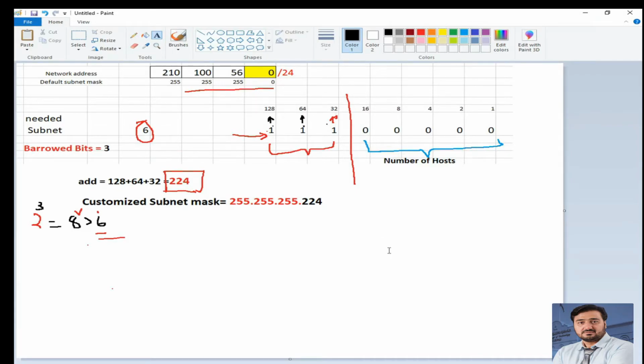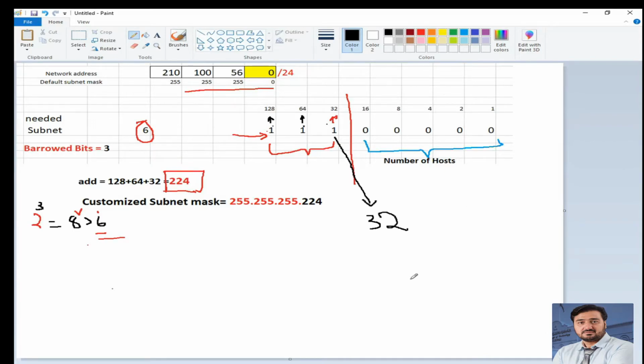What is the last bit value here? Yes, 32. The last bit value here is 32.